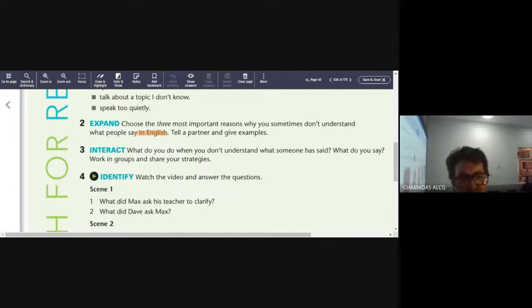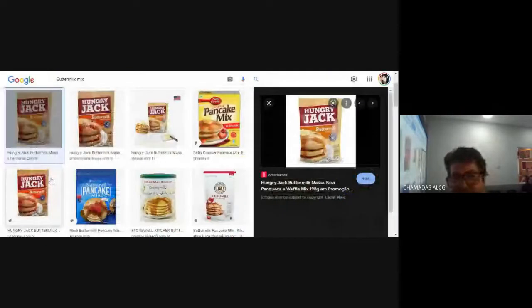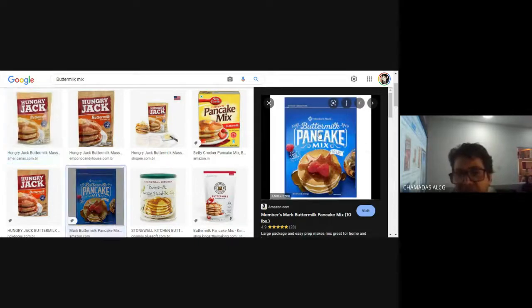Look, buttermilk. It comes in a pack like this, right? It's a pancake mix, so you simply need to add some eggs and that's it. Do you like pancakes? I do. It's really yummy.